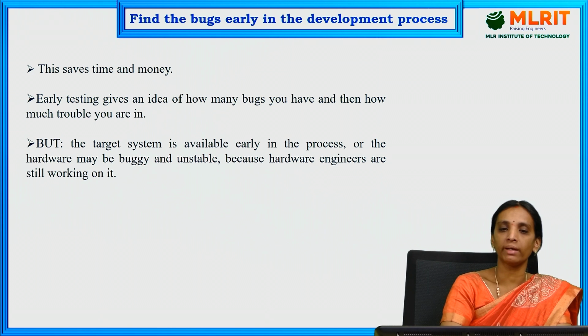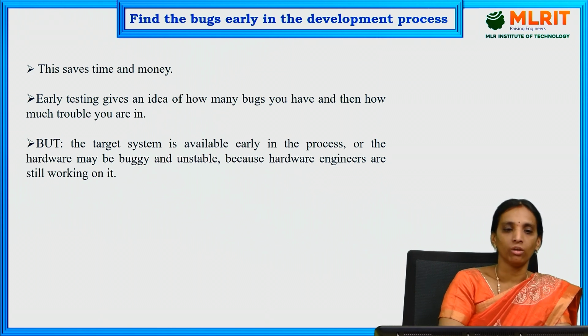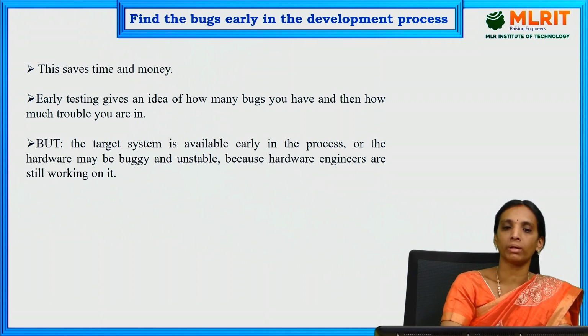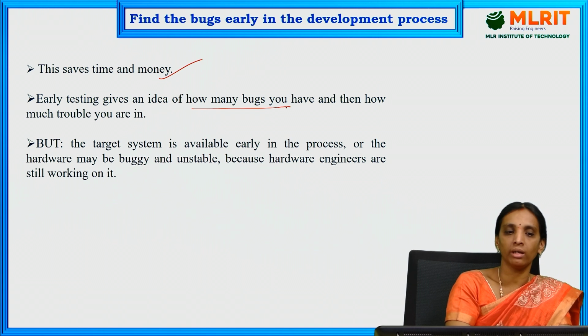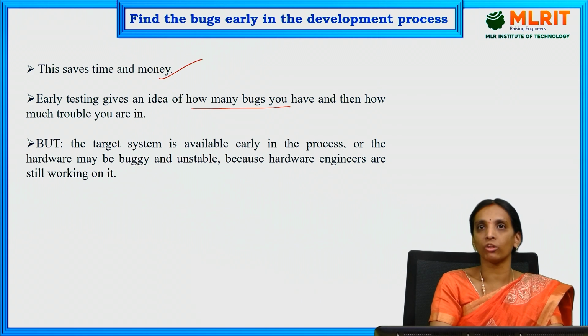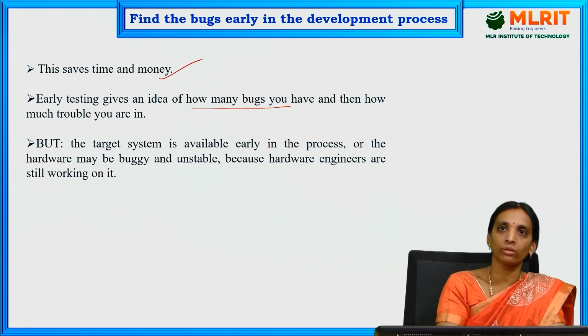So first, find the bugs early in the development process. If we find the bugs in the code part or program part at the starting stage, it saves our time and money, and it gives an idea about how many bugs there are, how much we can develop our process, or whether it is possible to continue with our development process or required to stop at that stage.